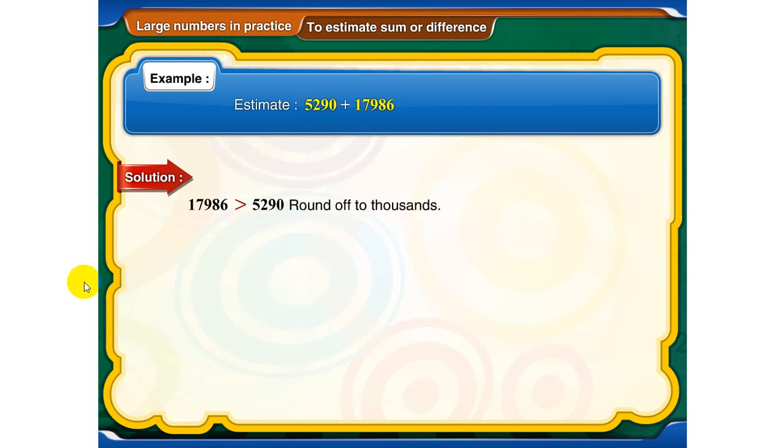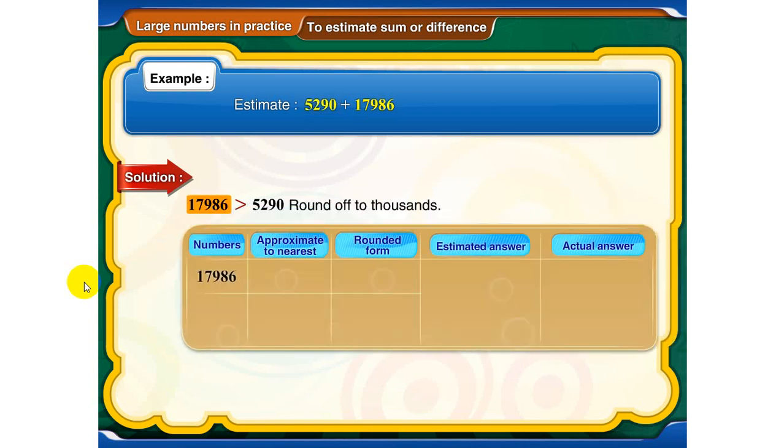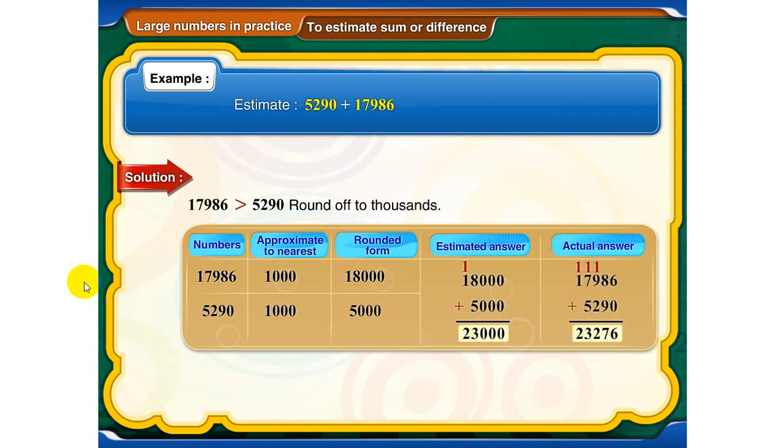Round off to thousands. 17,986 rounds off to 18,000 and 5,290 rounds off to 5,000. Estimated sum of 18,000 and 5,000 is 23,000. You may attempt to find the actual answer and verify if the estimate is reasonable.